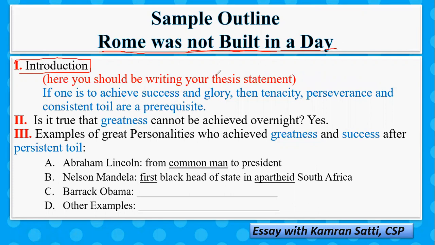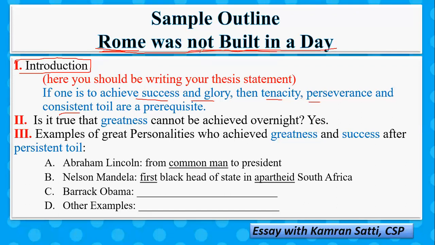So we have decoded this proverb, and then we have written the thesis statement, that is, if one is to achieve success and glory, which was essentially depicting Rome, then tenacity, perseverance, and consistent toil are a prerequisite.